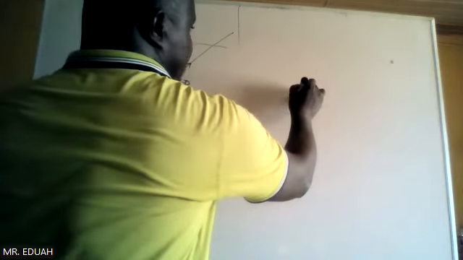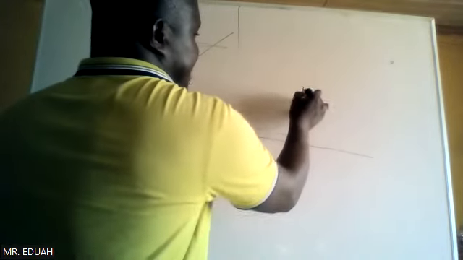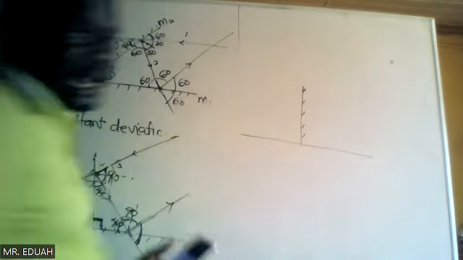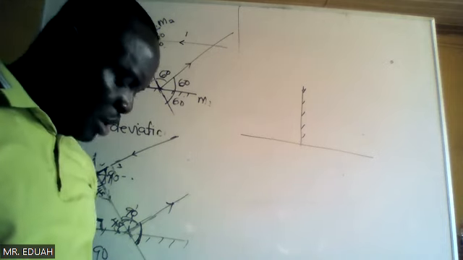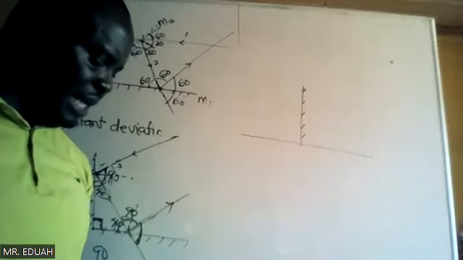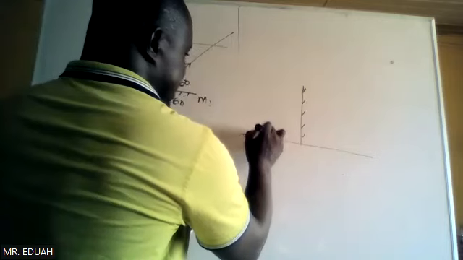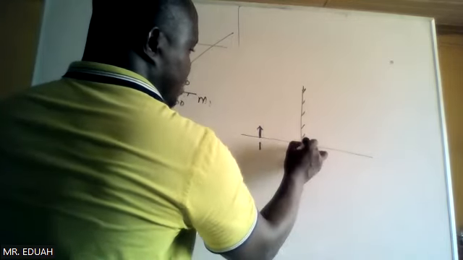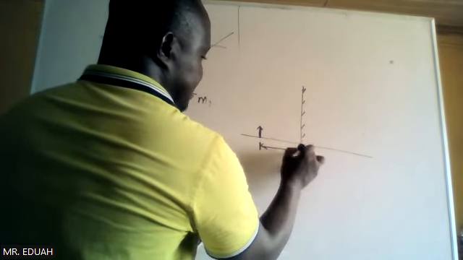So please, with these questions, most of the time when you sketch it, it gives you a better view than just looking at it and then trying to analyze the problem. So assuming this is the object, from the plane mirror to the object, you are told this is 10 centimeter.